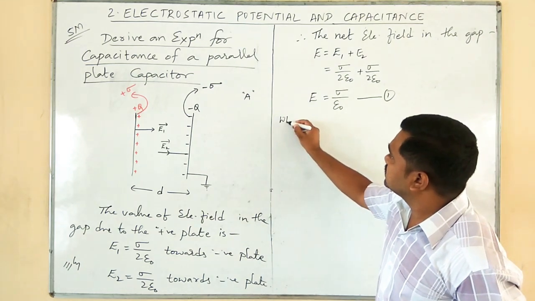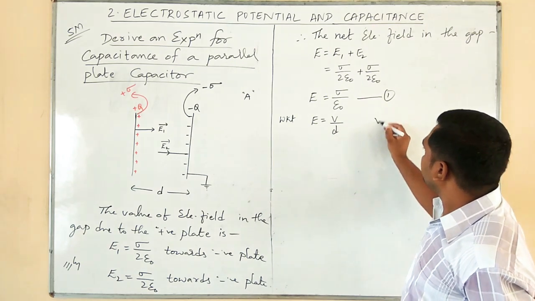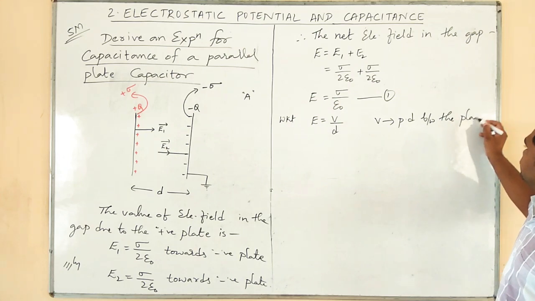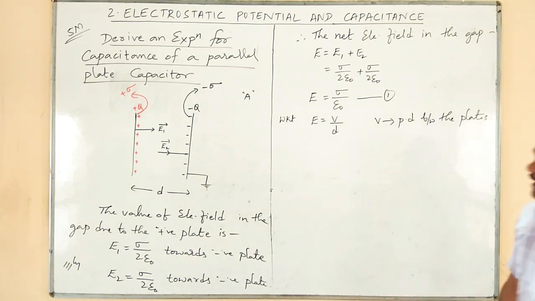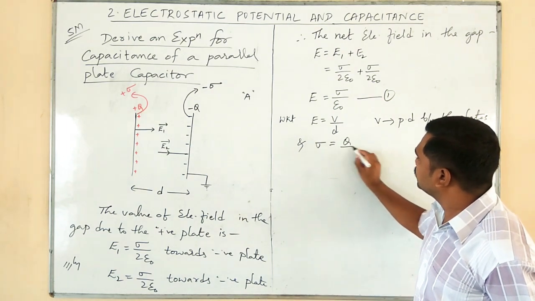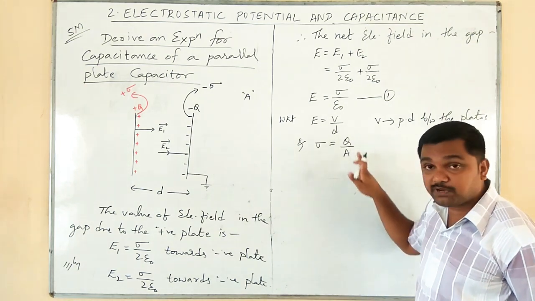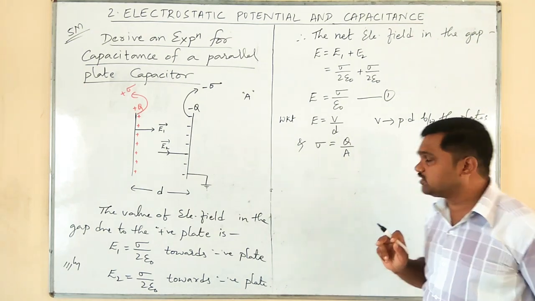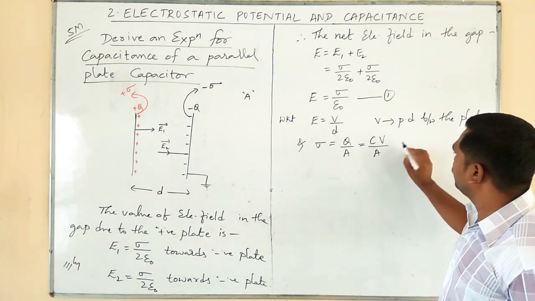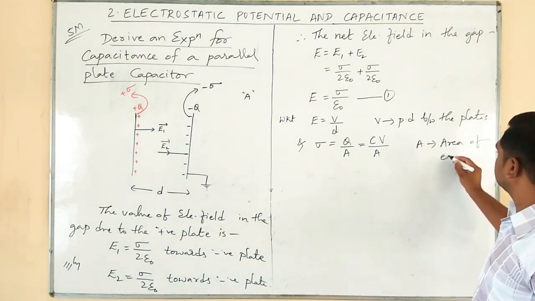Now, we know that E is equal to V divided by d, where V is PD between the plates. And we know that sigma is equal to Q divided by A. That is charge per unit area, said to be surface charge density. In place of Q, we can write CV over A, where A is area of each plate.